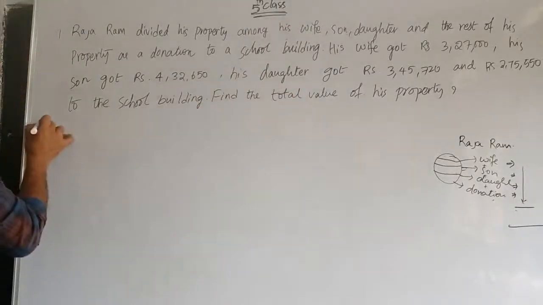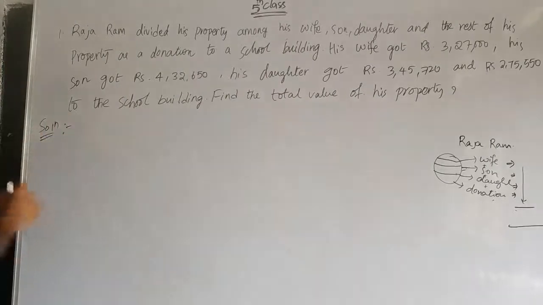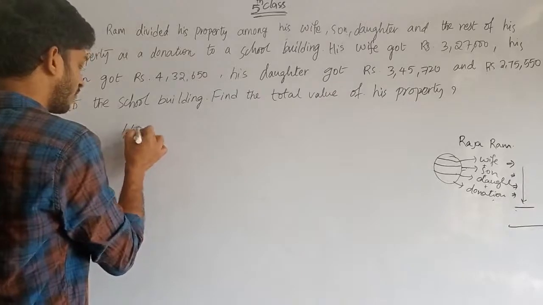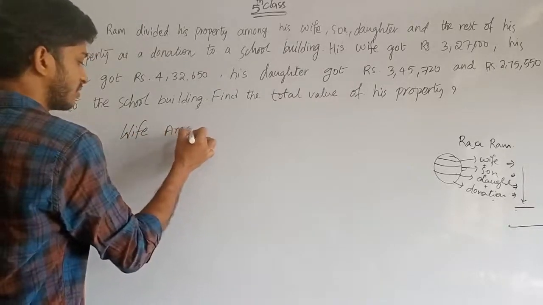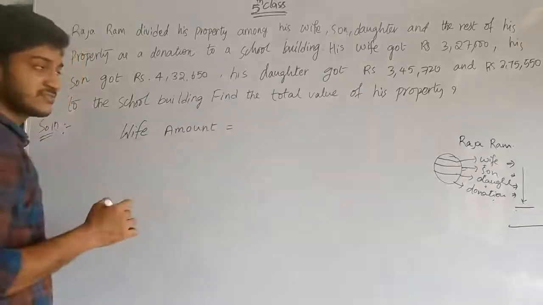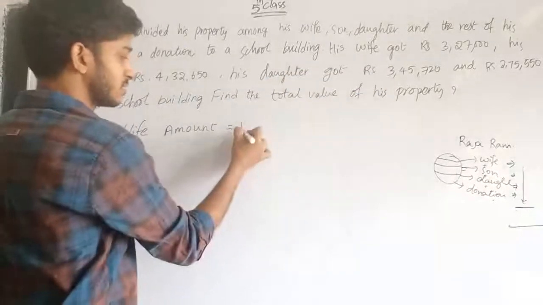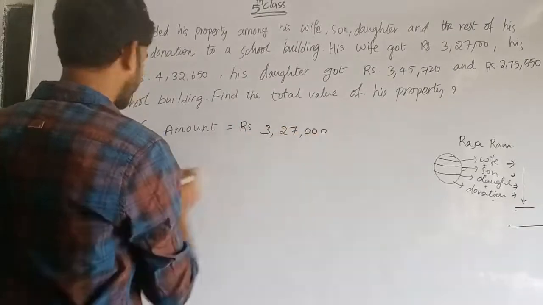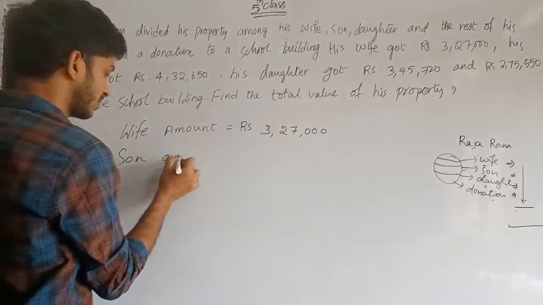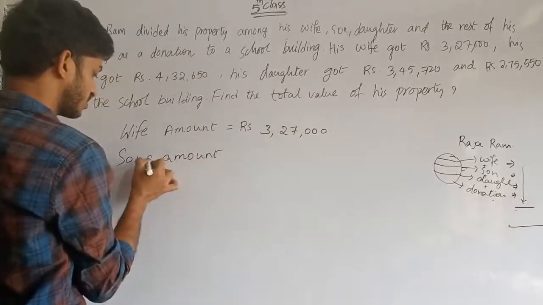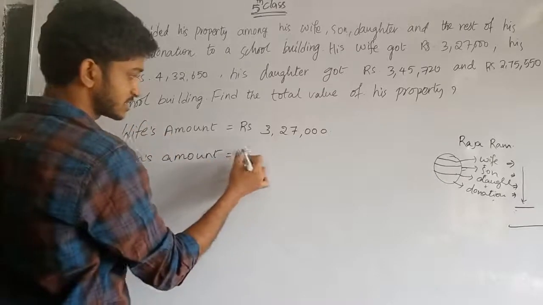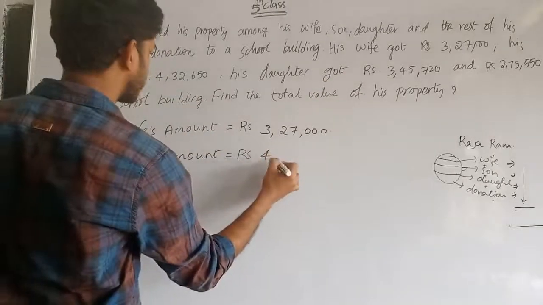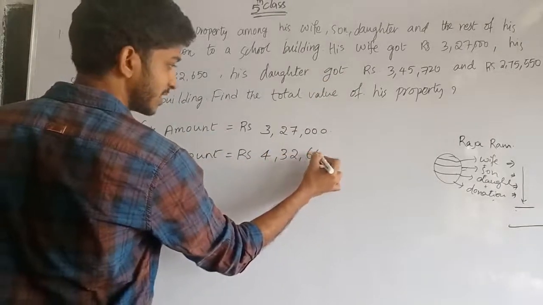So see here. First of all, write who got which amount. Wife's amount: what is Rajaram's wife's amount? His wife got 3,27,000 rupees. And his son's amount is 4,32,650 rupees.